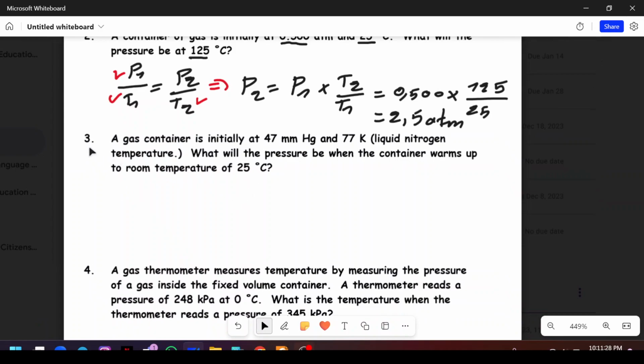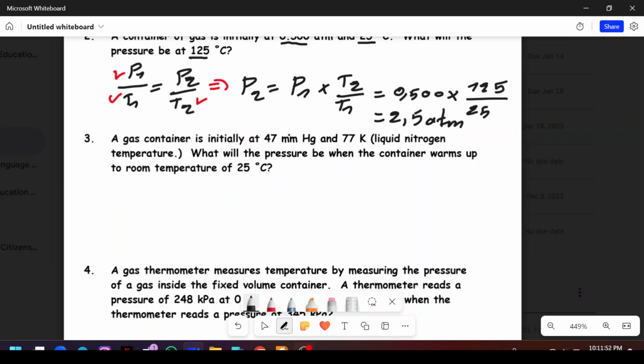For the third example, a gas container is initially at 47 millimeter of mercury at 77 Kelvin, liquid nitrogen temperature. What will the pressure be when the container warms up to room temperature at 25 degrees C?